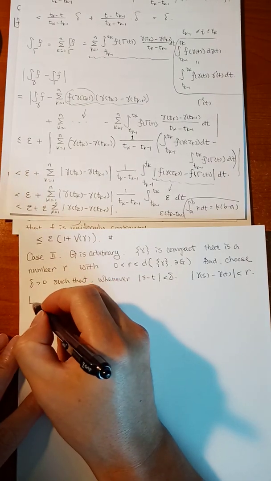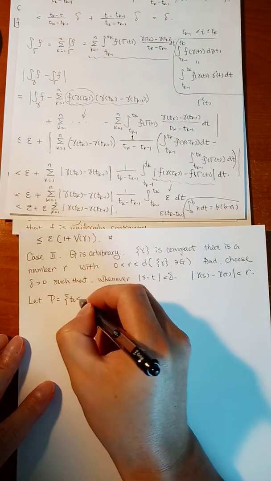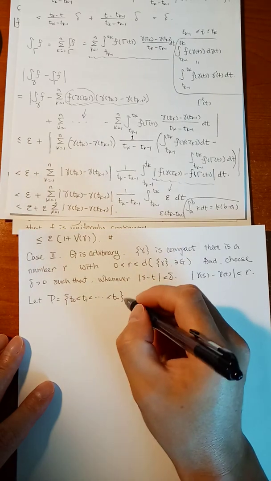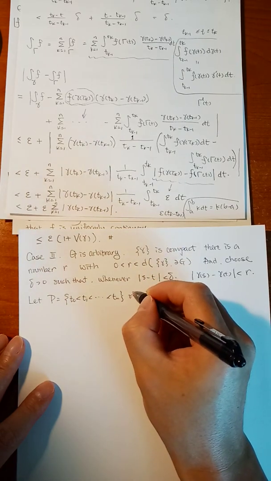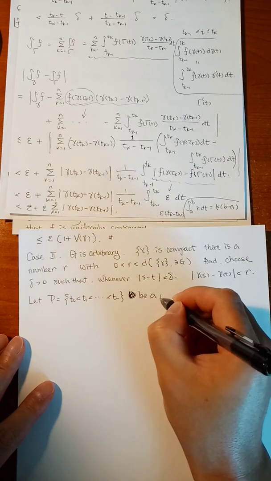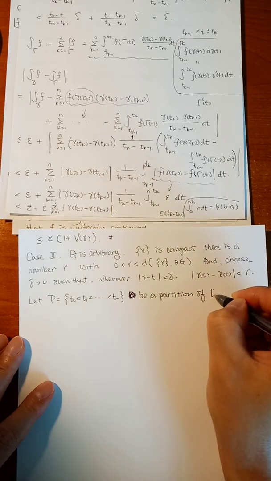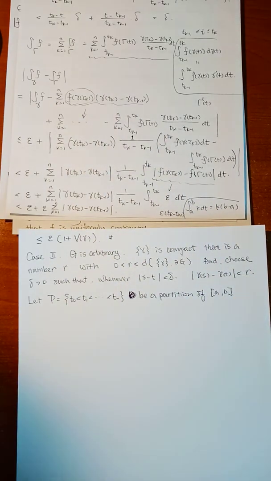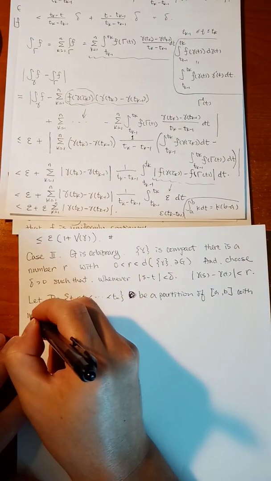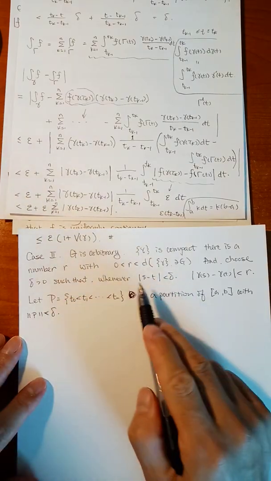So let P be a partition of AB, with the norm of the partition less than delta, small enough.